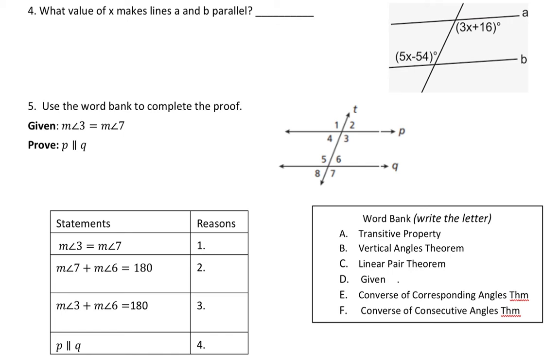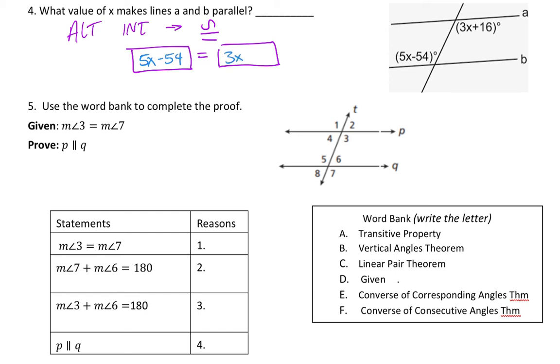What value of x makes the lines parallel? If the lines were parallel, then I know these would be alternate interiors, and they would be congruent. We know that the definition of congruent means that the two things are equal to each other. So that would be 5x minus 54 and 3x plus 16.